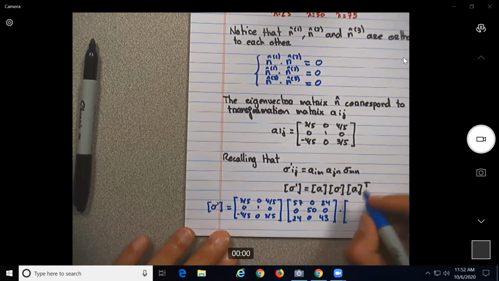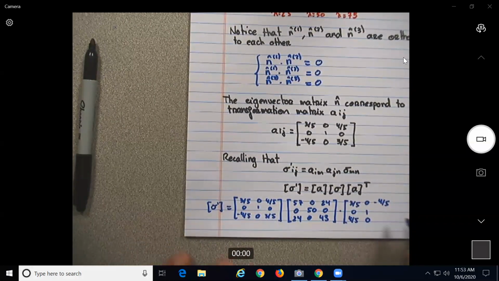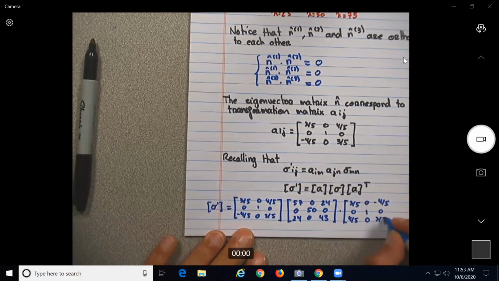All right, so we get 3/5, 0, minus 4/5. This will be 0, 1, 0, 4/5, 0, 3/5. Okay, so let's see now if you understood this.